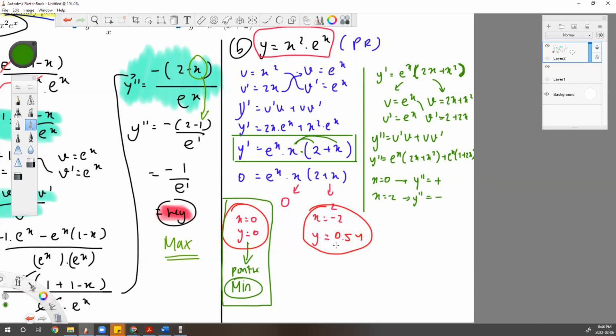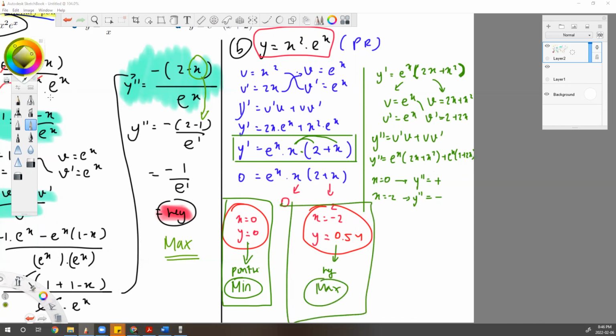Negative. So it has to be maximum. So this is the answer. Okay, the stationary points are (0, 0) with the nature of minimum, and (-2, 0.54) with the local maximum. Okay.